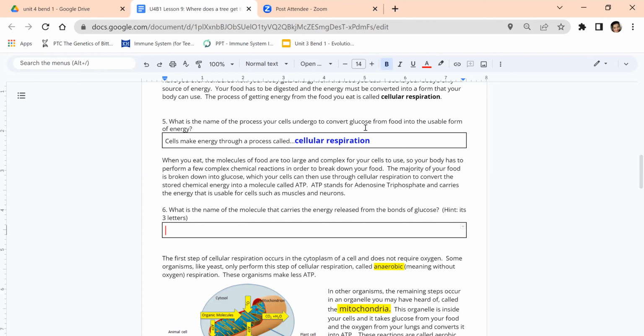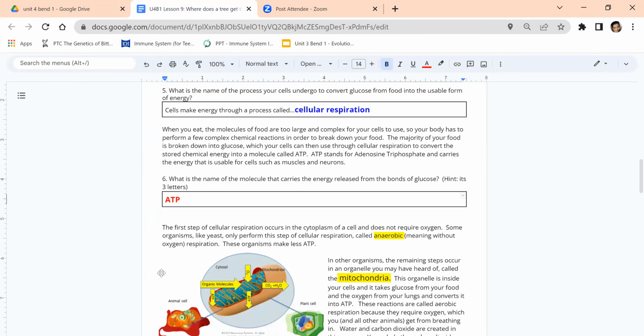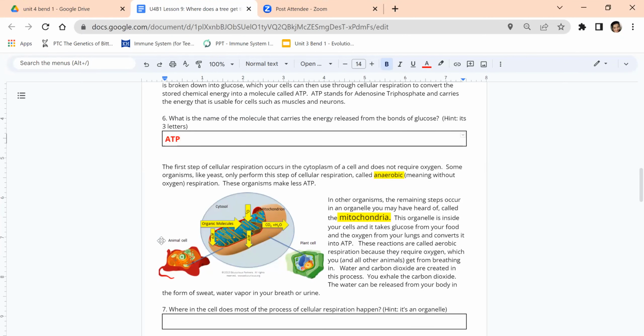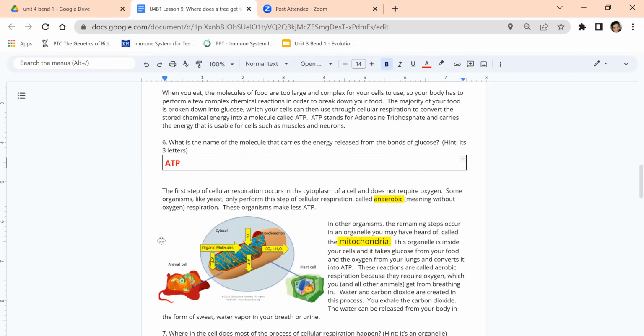ATP stands for adenosine triphosphate and carries the energy that is usable for cells such as muscles and neurons. So the name of the molecule that carries energy that is released from your food is ATP, which stands for adenosine triphosphate.